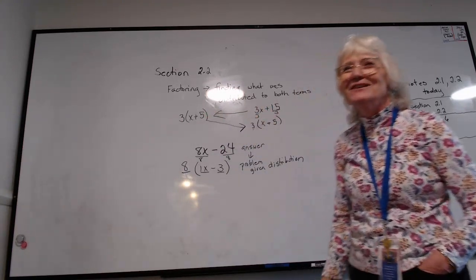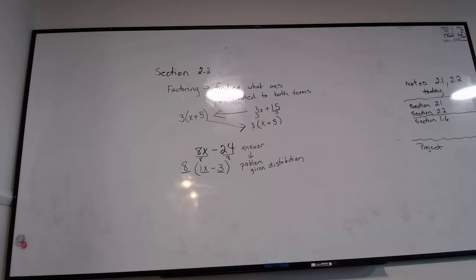That's what we're really doing. So the opposite of multiplying something through is dividing it out. And so that's why what you're doing when you're factoring, you're dividing out what's in common. Because that's what was distributed to both terms, the same number, so you have to divide out what same number goes into both of those. Okay, so that's part of it.